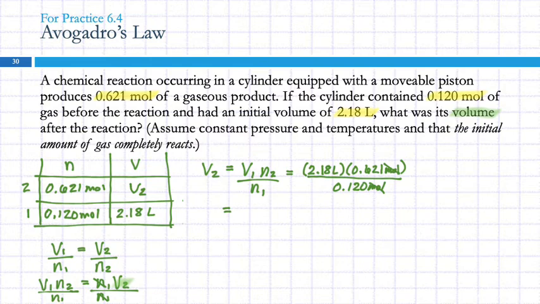So 2.18 times 0.621 divided by 0.12. 11.2815 is what my calculator says. That would be liters. How many sig figs? 3. So I should report this as 11.3 liters. Any questions?